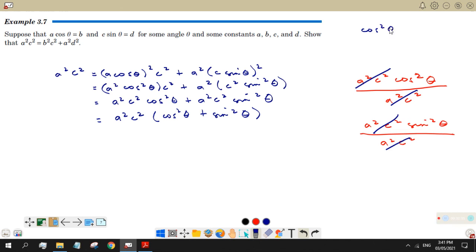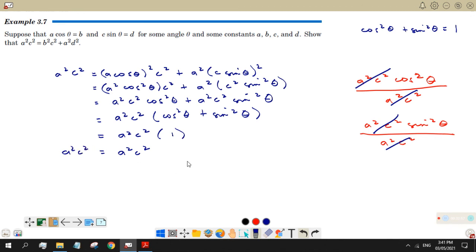Cosine squared theta plus sine squared theta is equal to 1, right? So, substitute natin yung 1 for all of this part. We have A squared, C squared times 1. Anything multiplied by 1 is equal to itself. So, matitira na lang ay A squared, C squared.